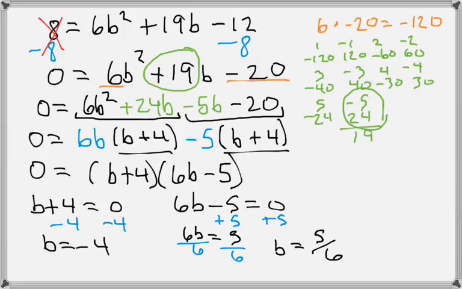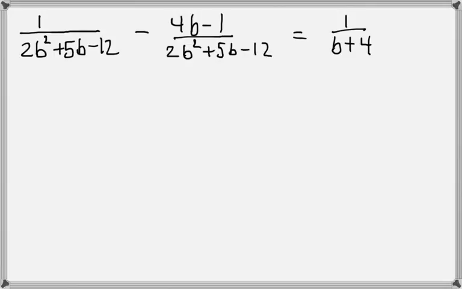Now we just have to check for excluded values. So to check for excluded values, we go back to our original problem, which was this right here, and we look only at the denominators. And we want to set all of those denominators equal to 0 so that we can find the values that will blow this problem up.